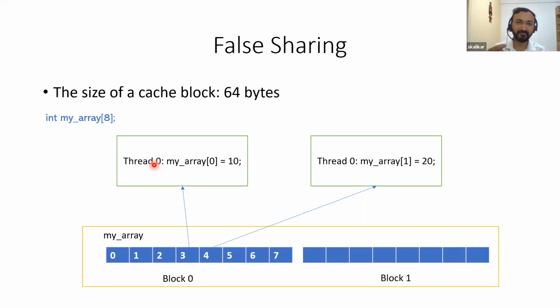And then you get the fresh copy. And then when thread 1 wants to write on this location, it also invalidates the copy and writes to it. Although every thread is writing on different locations, eventually the data which is written on main memory RAM is consistent and is as desired.